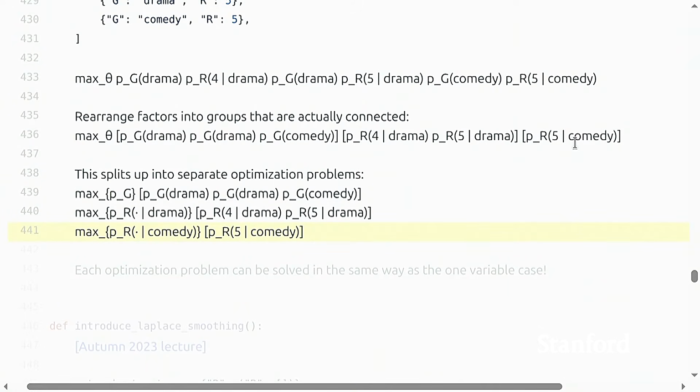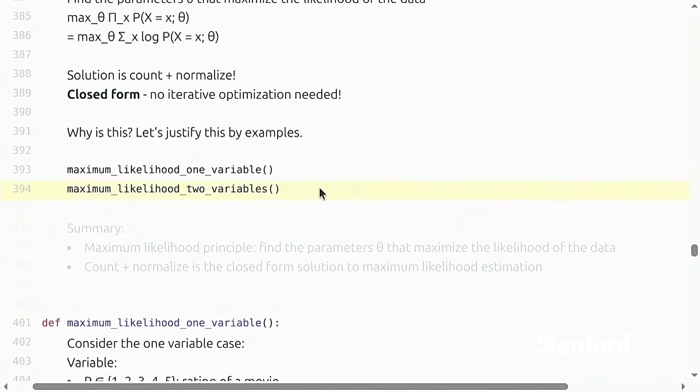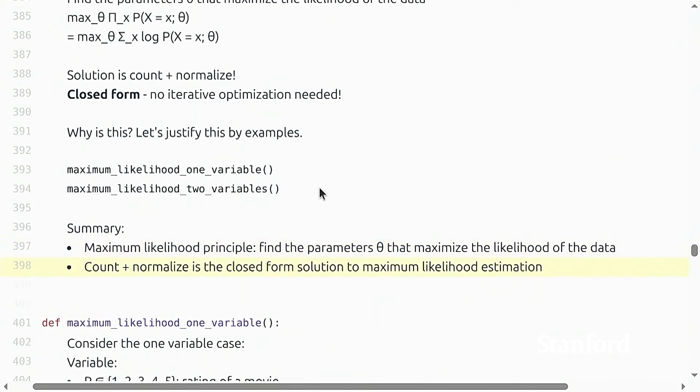And that corresponds to solving each of them by the one variable case, where you're just counting and normalizing. So maximum likelihood means finding the parameters that maximize the likelihood of the data, and count and normalize is a closed form solution. This set of ideas is really nice, and you can now sleep at night in comfort that your intuitive count and normalize approach is actually principled.